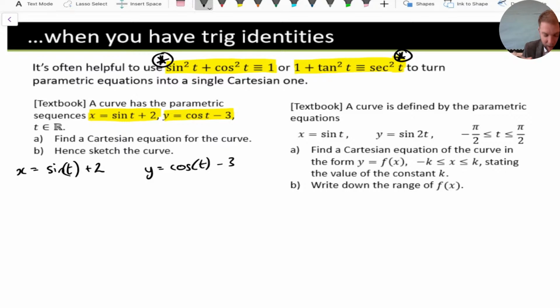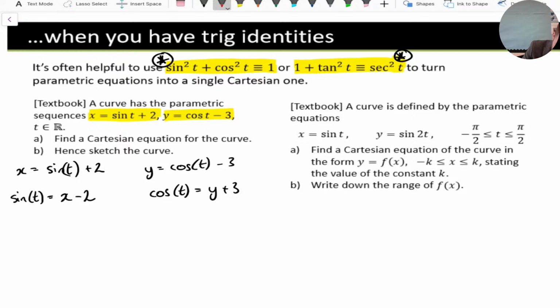Just before I do that, I'm going to make sine t the subject, and I'm going to make cos t the subject. So I end up with sine of t is equal to x minus 2, and cos of t is equal to y plus 3.